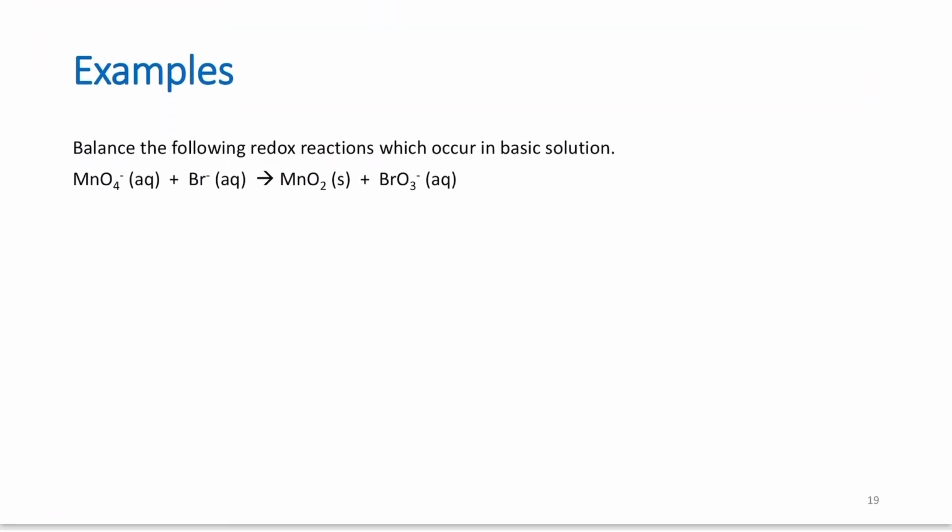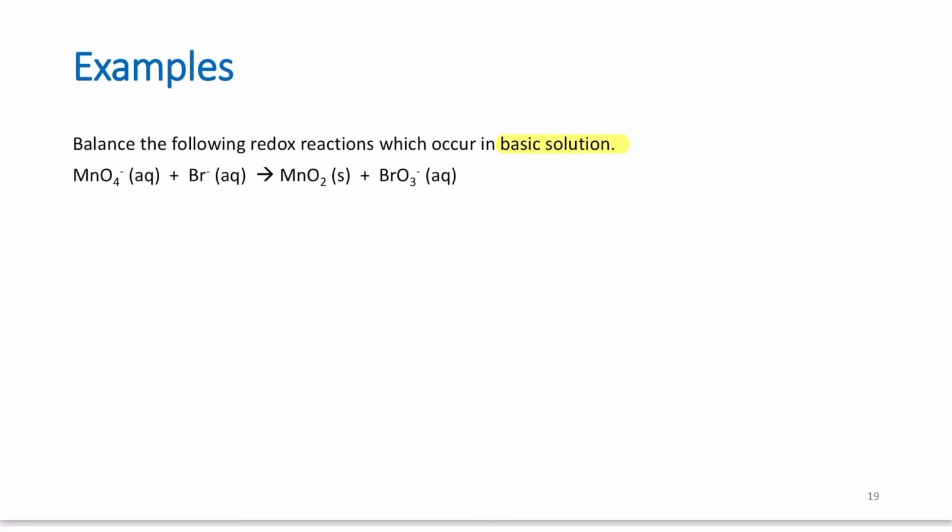What about this reaction? Now this note says in basic solution. So we're going to do a couple examples in basic solution. How do those work? Well, they work the same way as acidic, except at the very end we have to add in hydroxide to neutralize all of the H+ that we have in solution. So we've got MnO4- plus Br-, giving me MnO2 and BrO3-.